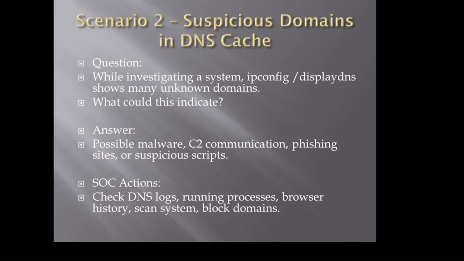DNS cache can provide evidence of domain access. In this situation, the SOC analyst should check DNS logs, check running processes, check browser history, scan the system for malware, and investigate network traffic. Step by step you can do this.